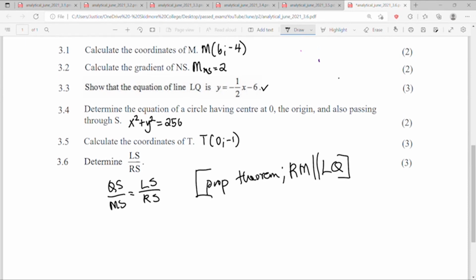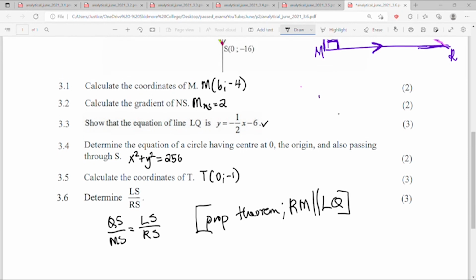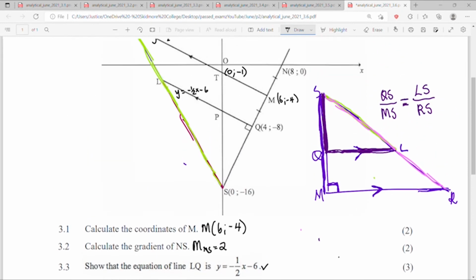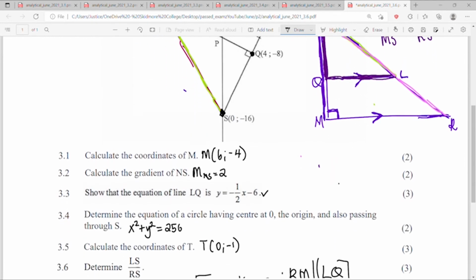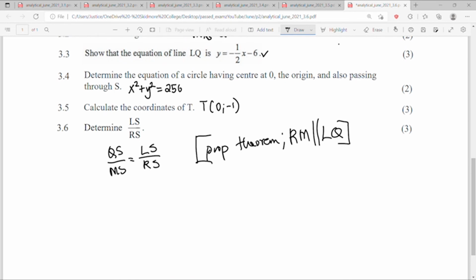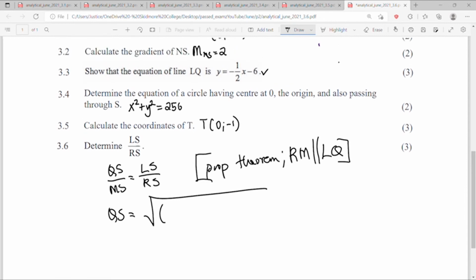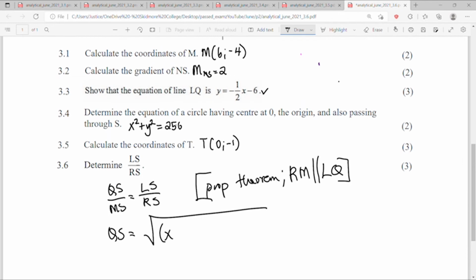Then we continue on to find QS. We have both of the points there, and we're just finding the distance. If you're going to find the distance, you use the formula. QS is equal to the square root of (x2 minus x1) squared plus (y2 minus y1) squared.